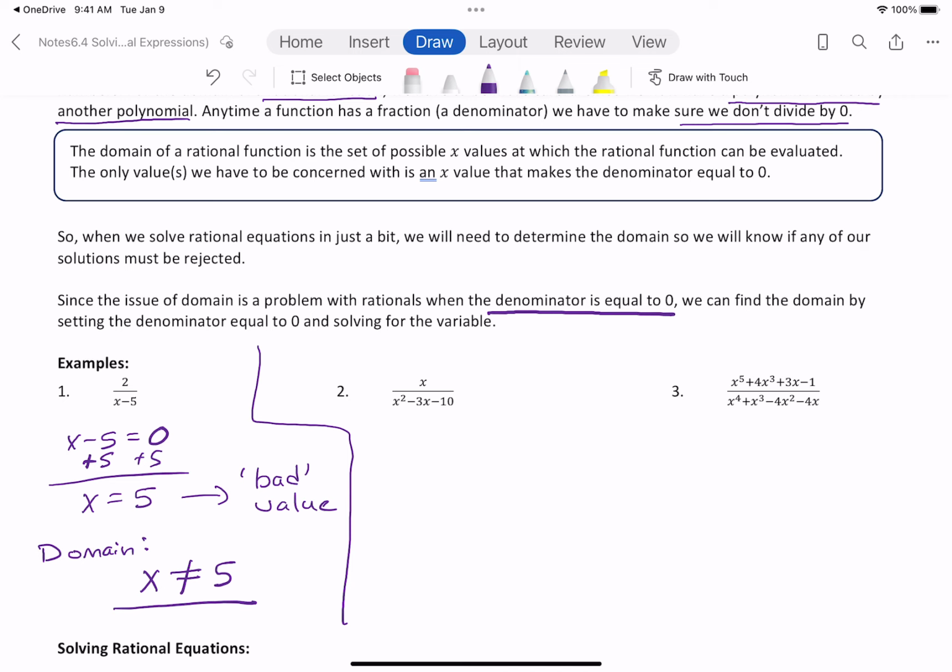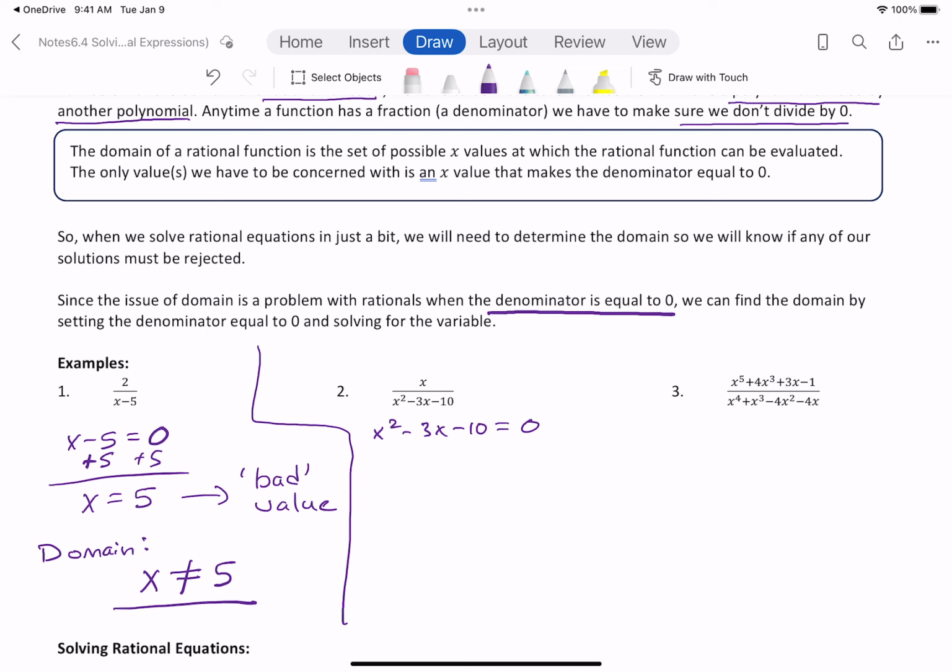So for the second one, again, we're only interested in the denominator. So I'm going to take x squared minus 3x minus 10 and set it equal to 0, the one value that it's not allowed to be. This time, my equation is quadratic. We have an x to the second. So the only way that we've learned to solve these so far is by factoring and using the zero factor property.